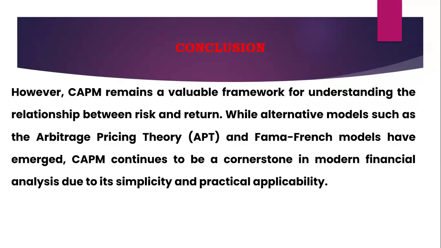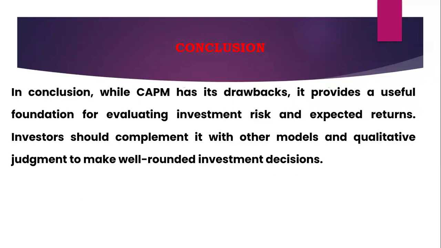However, it remains a valuable framework for understanding the relation between risk and return. While alternative models such as arbitrage pricing theory and Fama-French models have emerged, CAPM continues to be a cornerstone in modern financial analysis due to its simplicity and practical applicability. This is the conclusion part of the capital asset pricing model approach.